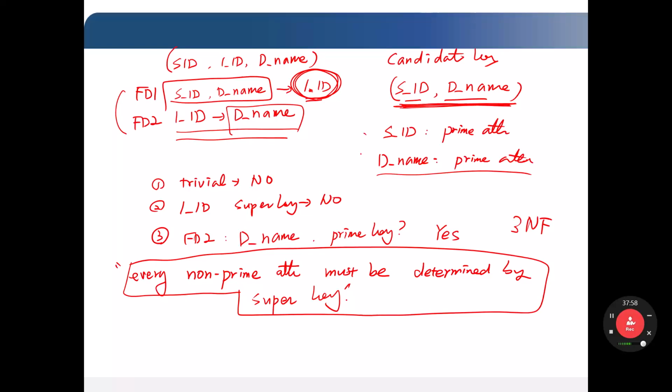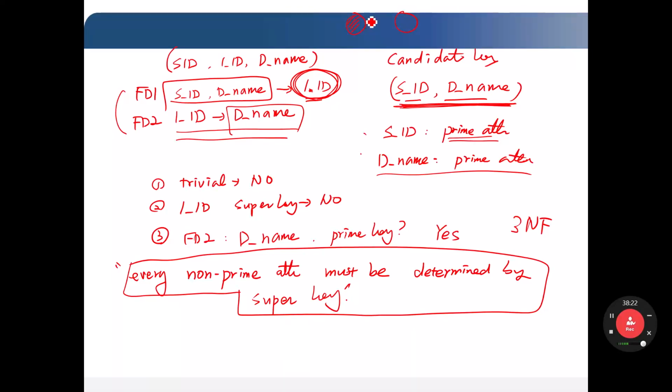Why do we allow this? Prime attribute is kind of an important, meaningful attribute in a table. And if you add some additional attribute, that becomes a candidate key of the table. Okay? And it is very common.